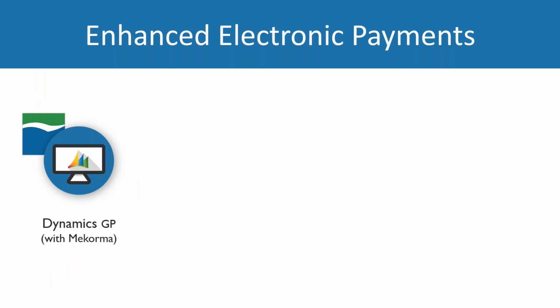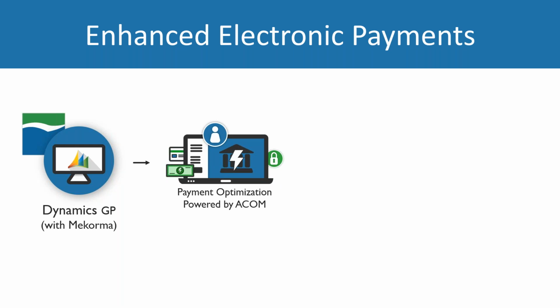Now, in terms of the enhanced electronic payments, most of you are probably already using Mekorma, and you're going to continue to use that. But instead of all those checks printing out, the payment information is sent over to the payment optimization engine in the cloud, and that's what's going to handle the processing of all of those payments for you.